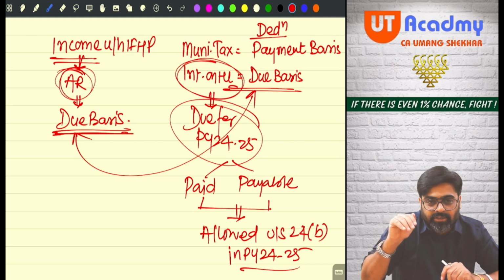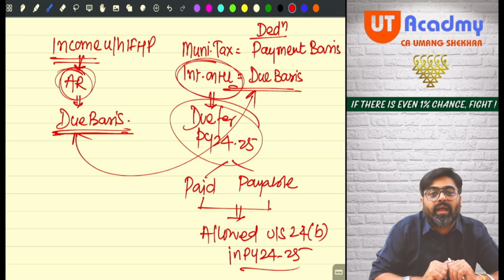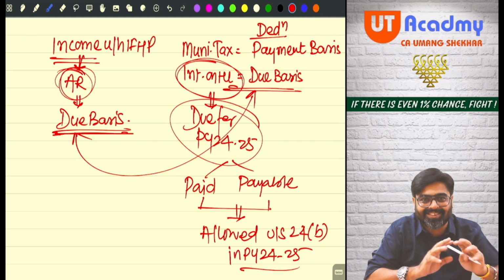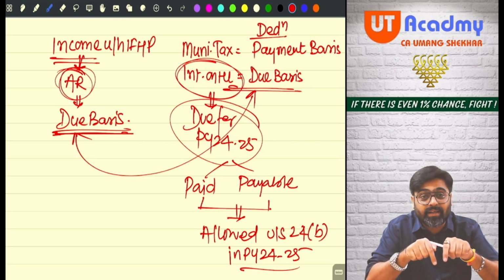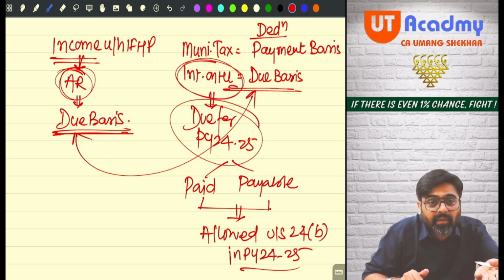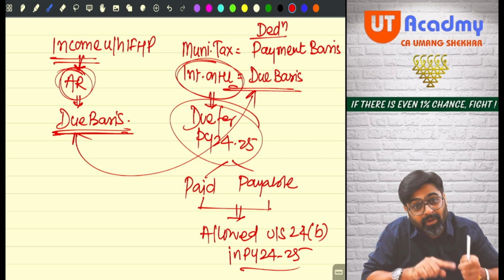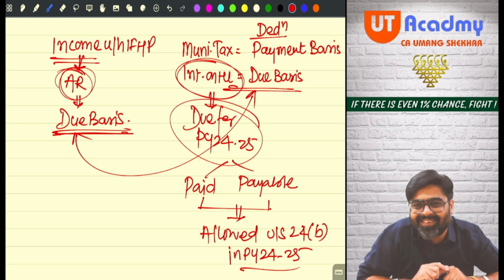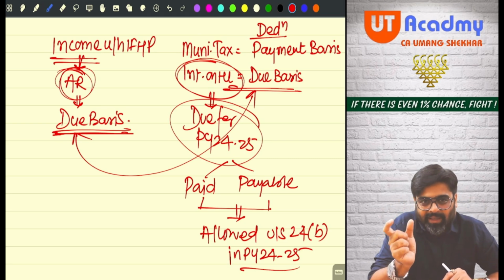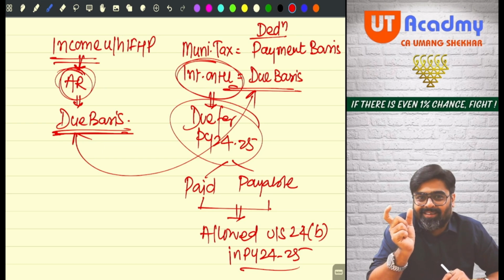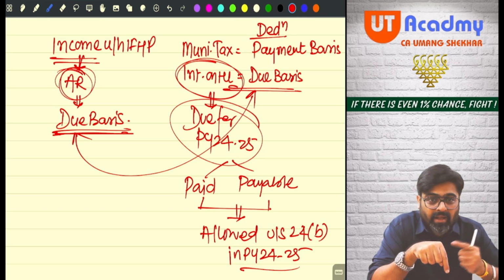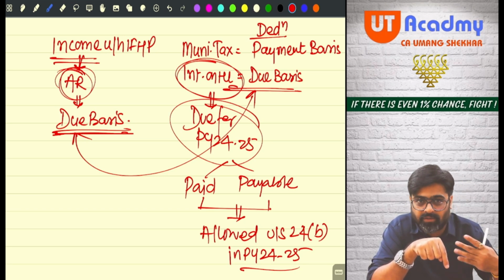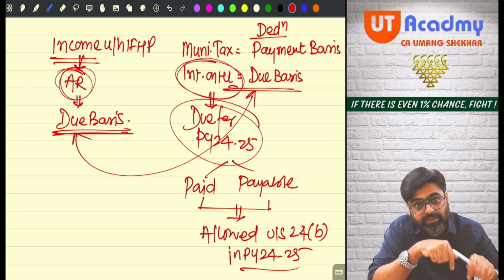So this year's interest will be allowed in this year, because it is this year's interest. Even if it is still payable, it will be allowed as a deduction because it is this year's interest. You are supposed to see to which year the interest relates. If the interest relates to my year, it will be allowed as a deduction in my year only, whether I have actually paid or it is still payable.